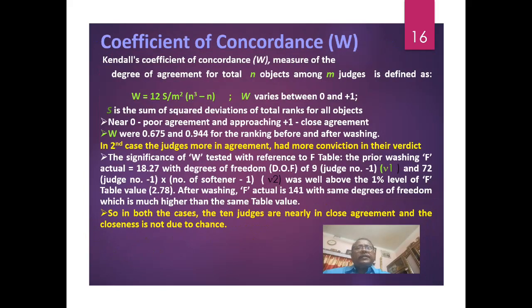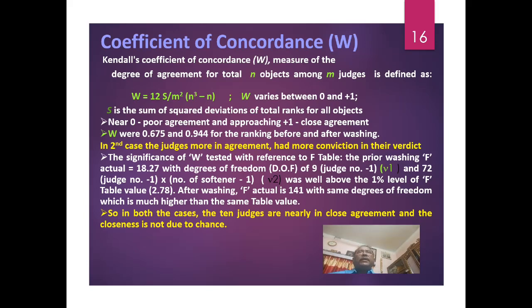The ranking made by 10 observers is in close agreement, but whether it is due to chance or statistically significant is studied by Kendall's coefficient of concordance. It measures the degree of agreement for total n objects among m judges with the formula W = 12S / (m squared into (n cubed minus n)), where W varies between 0 and plus 1.